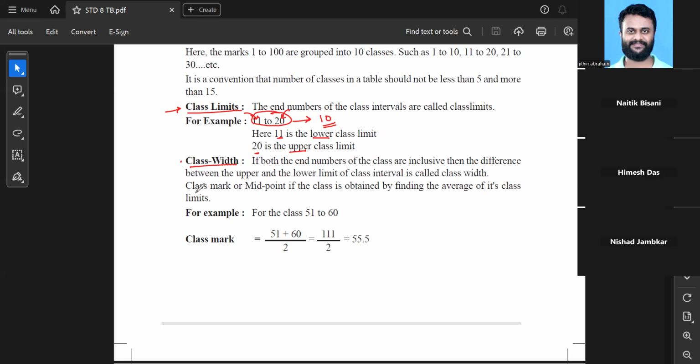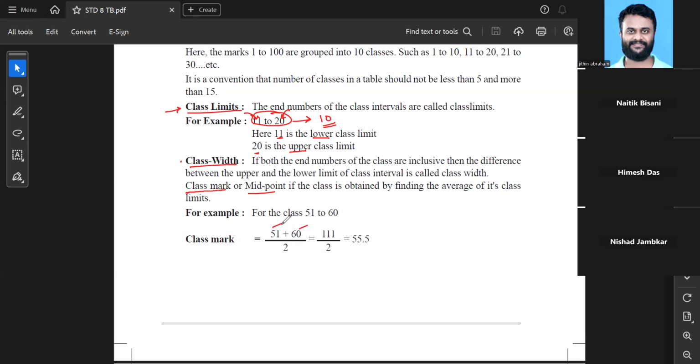Now, the next terminology is class mark. This should have been bold actually, but it is not bold. What is class mark? Class mark is also called midpoint. Midpoint क्या है? Very simple. For the class of 51 to 60, the midpoint will be the number between them. कैसे पता करेंगे? फर्स्ट नंबर और लास्ट नंबर को ऐड करो, डिवाइड बाय 2 करो, खत्म.